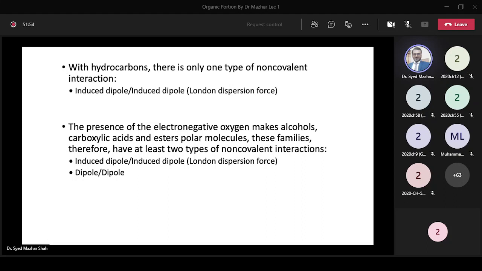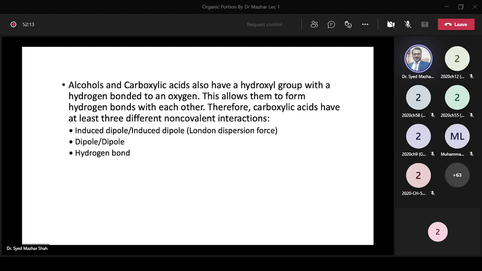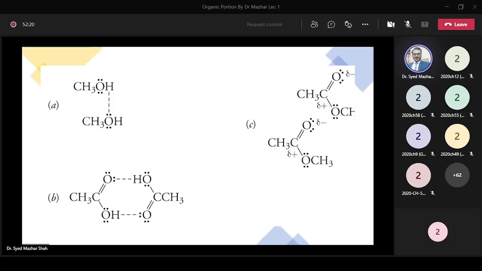In alkanes or hydrocarbons, alkanes, alkenes and alkynes all included, we only have induced dipole, London dispersion forces. While, just like we saw in esters, we can have dipole-dipole interactions, and in alcohols and carboxylic acids, we can also have hydrogen bonding, because they involve an oxygen-hydrogen bond.